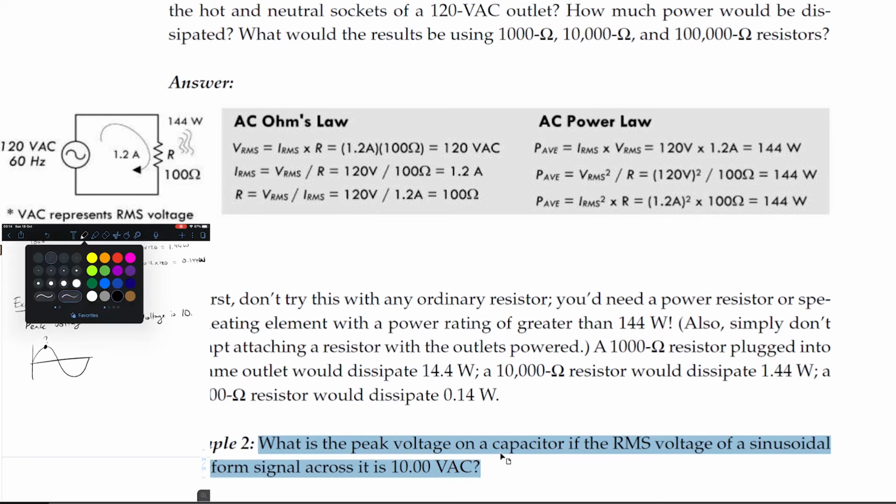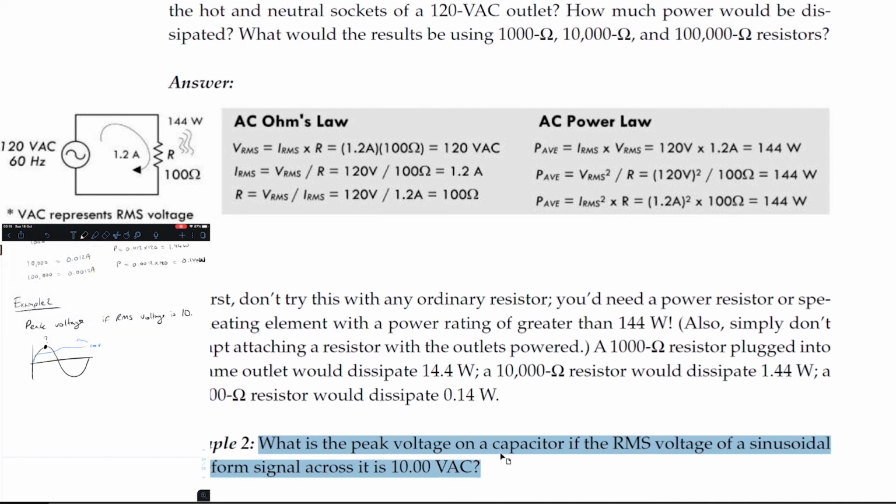The RMS value, I assume, would look something like this. It works out to be like the average, the root mean square value. So the RMS value is obviously lower than the peak voltage. The peak is the max voltage. So we're saying that here is 10, and the peak is obviously going to be like 12, 13 or something.